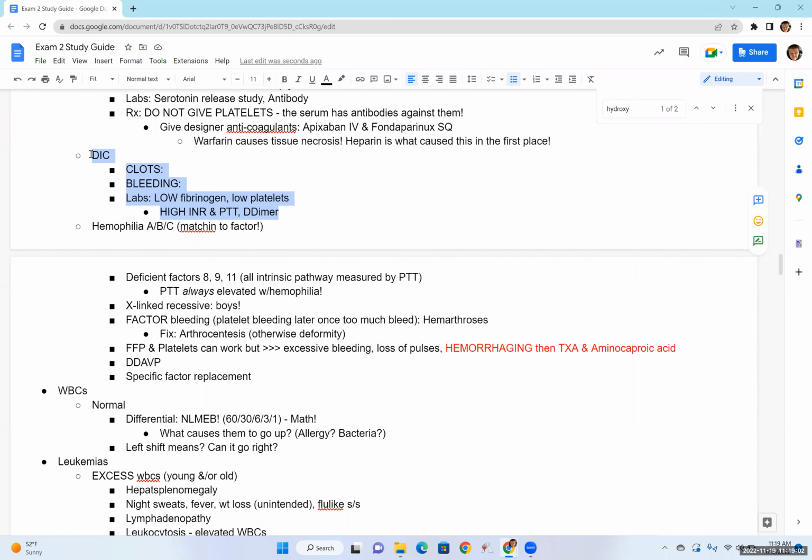Because you're using up all your clotting in pretty much all those, but your fibrinogen is low in hemophilia. Maybe it's borderline. But INR and PTT are going to be elevated, except for which one? Hemophilia, only one of those is elevated, and that's the PTT because of the way it works in the coag cascade.